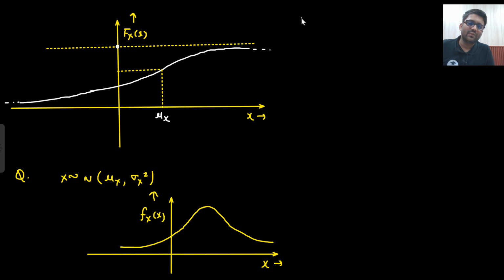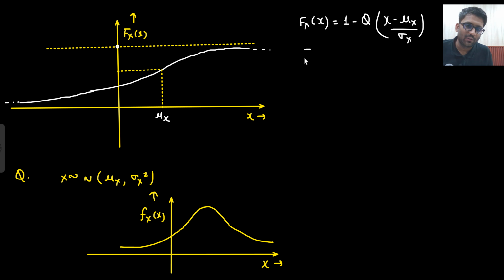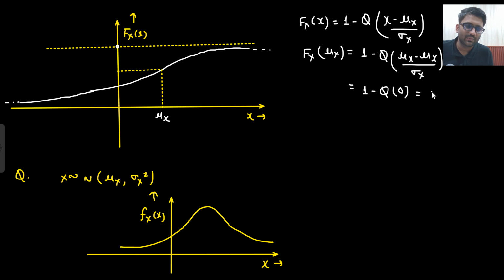So your Fx of x was 1 minus Q of (x minus mu x) divided by sigma x. You need to find the value of Fx of mu x. That would be equal to 1 minus Q of (mu x minus mu x) divided by sigma x. So that would be equal to 1 minus Q of 0.